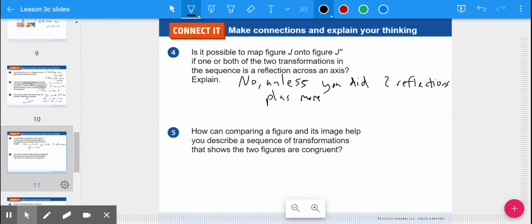So I think it would take a little more than that. The main reason it wouldn't work is because it would take more than two transformations.